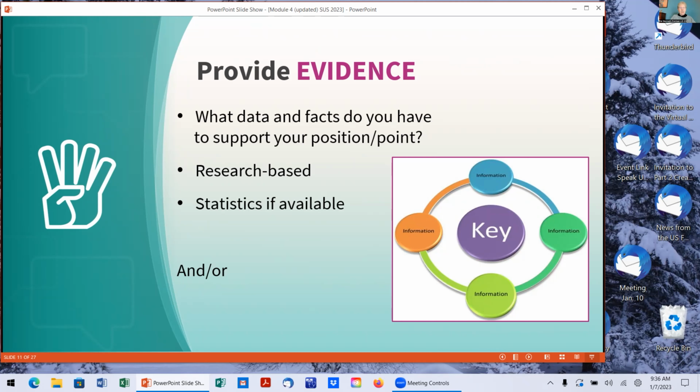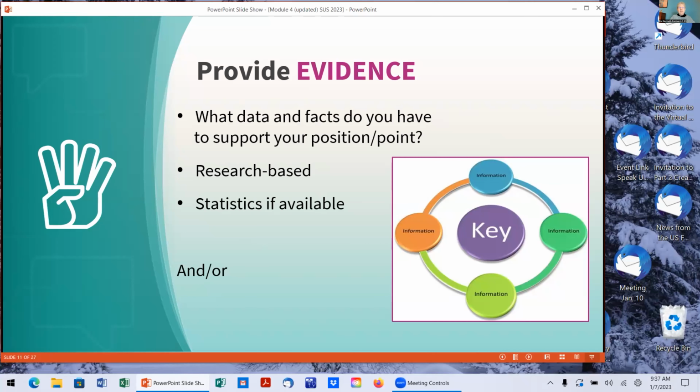Whether it's a legislator, a county commissioner, or a school board member, they need to have some facts. And so your facts should be research-based. Provide some statistics if they're available. A little later in the session, we'll talk about where you might find some of this evidence for the issues that you're passionate about.